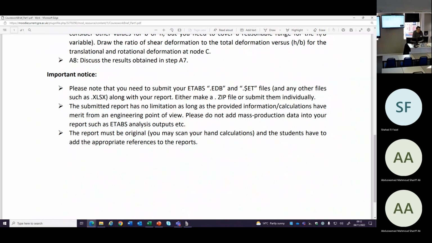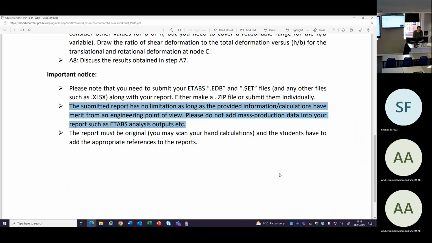But the important thing is this one. The submitted report has no limitation as long as the provided information and calculations have merit from an engineering point of view. Please do not add mass production data into your report, such as ETABS analysis outputs.